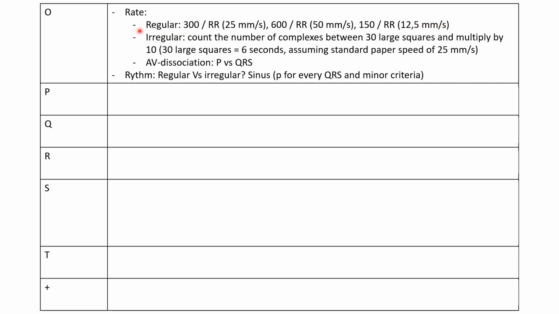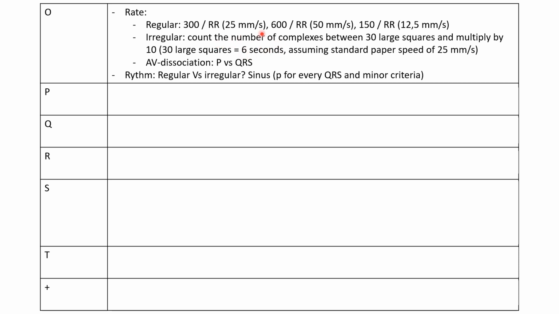If it's an irregular pattern, especially if it's very irregular, then it can be hard to calculate with this formula, and then you could use this one where you count the number of complexes between the 30 large squares and then multiply it by 10, because 30 large squares is 6 seconds, and that would become 1 minute, right?